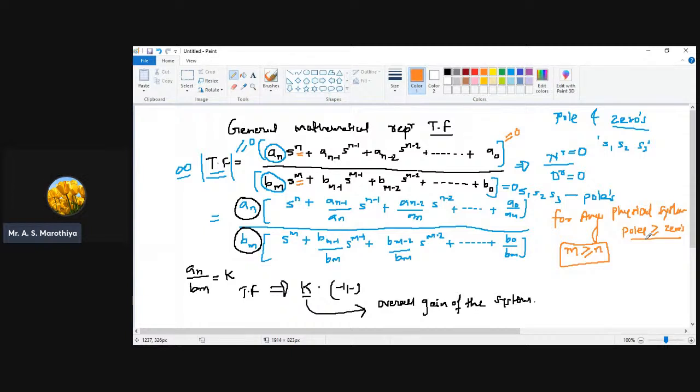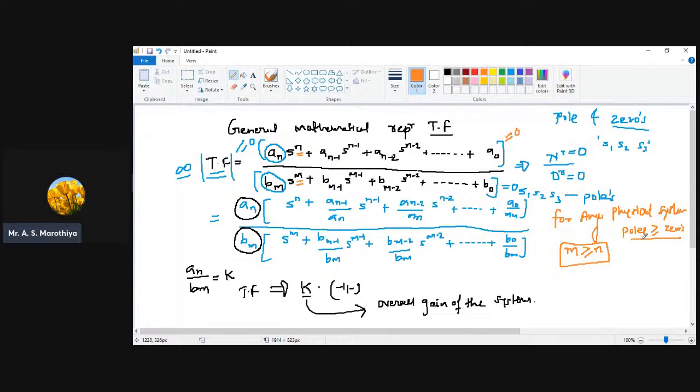If it is not a physical system, then hypothetically you can take zeros to be more than poles, but practically no physical system is going to obey this. If a system physically exists, then the number of poles is always more than zeros, or at the max the numbers of poles and zeros are equal.